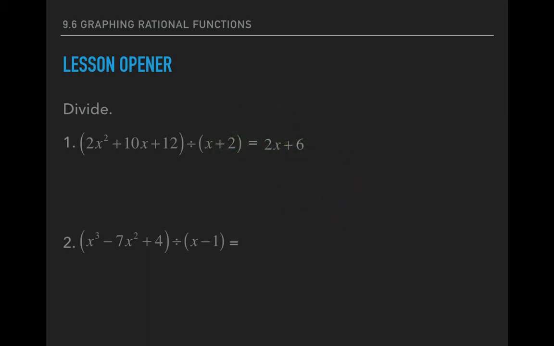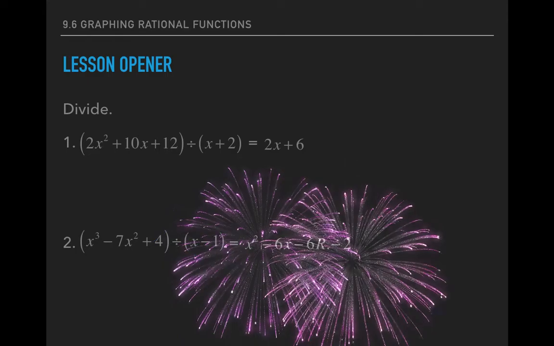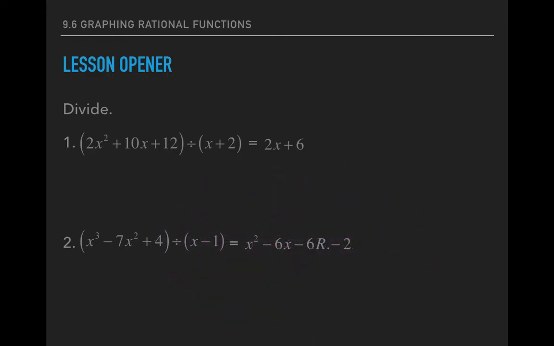It divides evenly, so that means that x plus 2 is a factor of that quadratic. And for number 2, x minus 1 is not a factor. It doesn't divide evenly. You're going to have a remainder when you do that division.